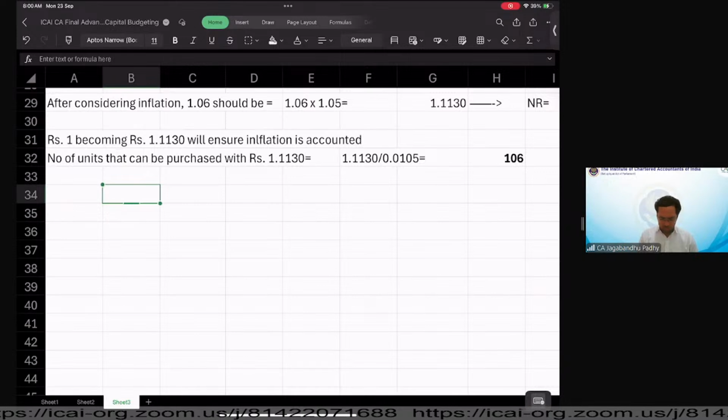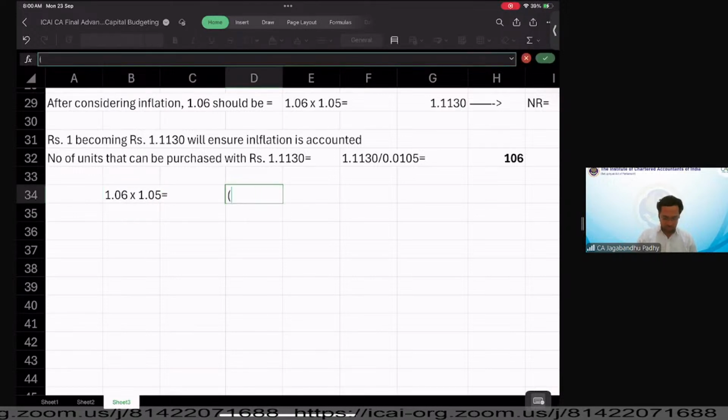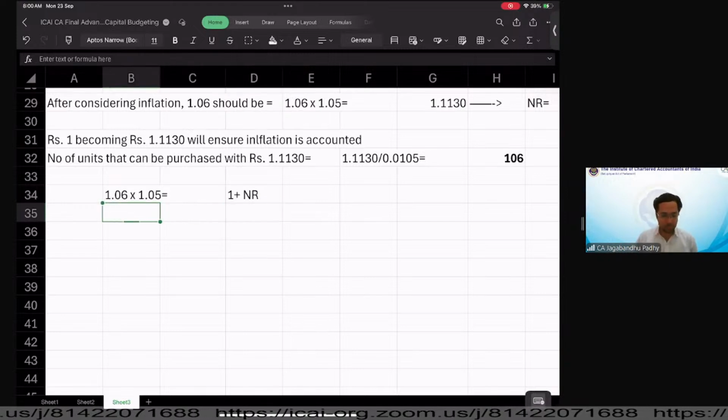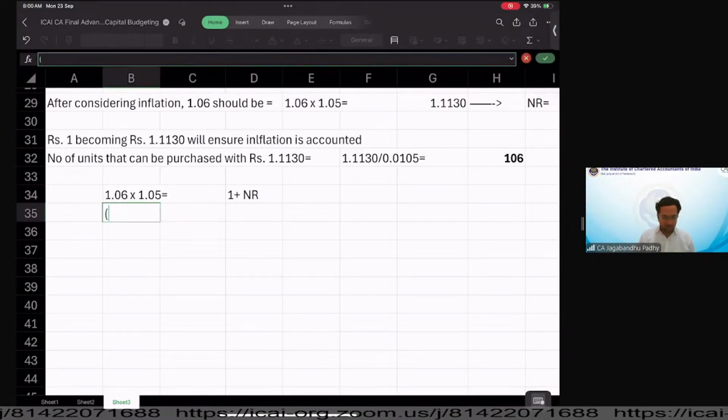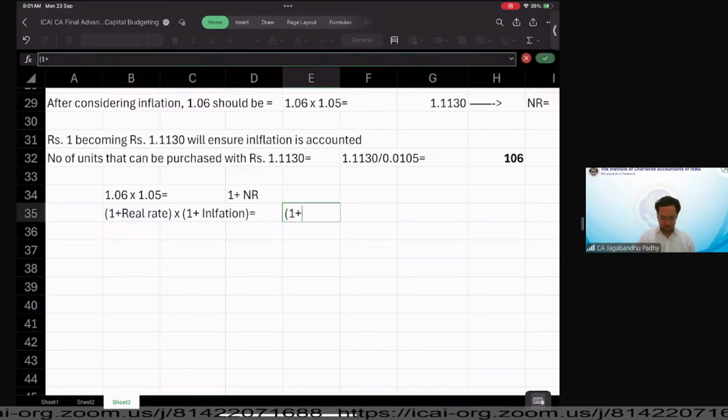So idea over here, put it in a nutshell, is 1.06 multiplied by 1.05 should be equal to 1 plus the nominal rate. Or to put it the other way around, we can simply have an equation as 1 plus the real rate multiplied by 1 plus the inflation should give us 1 plus the nominal rate.